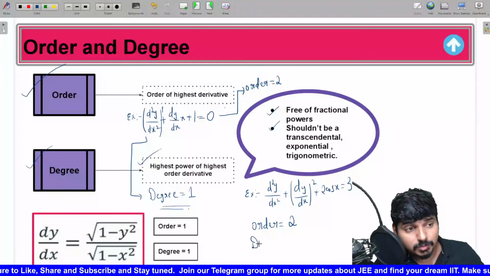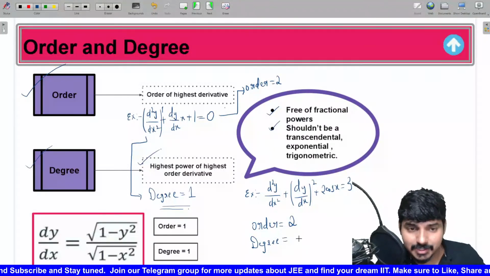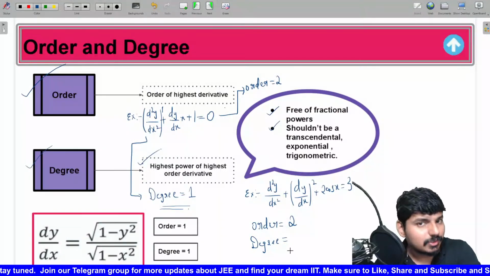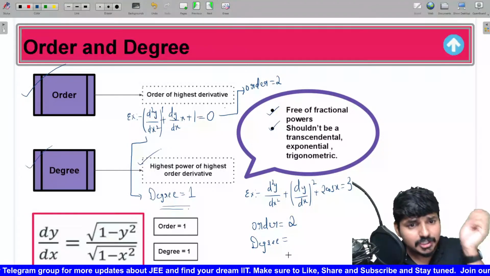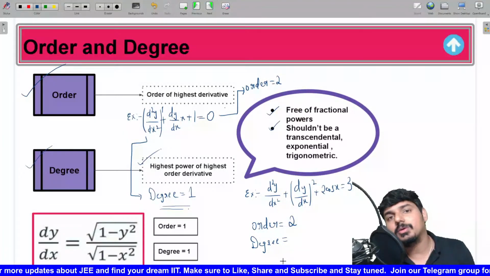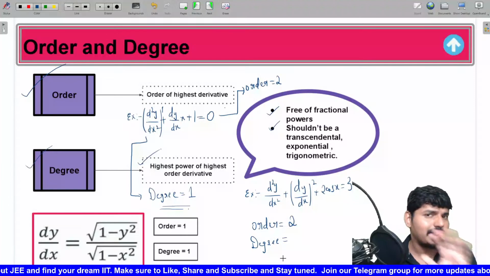Now, if I'm asking you what the degree of this differential equation is going to be, can you tell me? So first, what will you do here? You need to check whether the degree is going to be defined or not for this differential equation. How do you check that, everyone? Very simple.